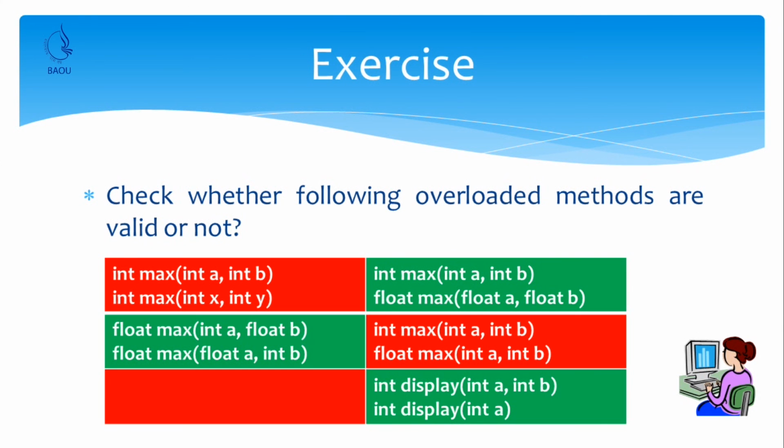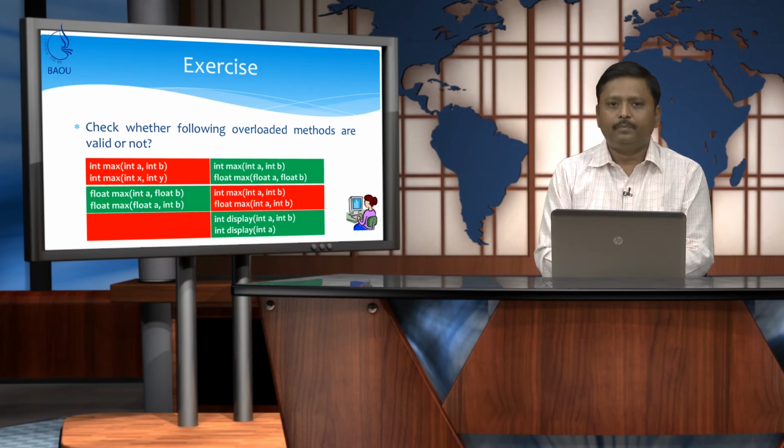The reason is that you can have different parameter types or a different number of parameters. Here the parameters are of the same type. So, this is not valid even though the argument names are different, because this does not make any sense.